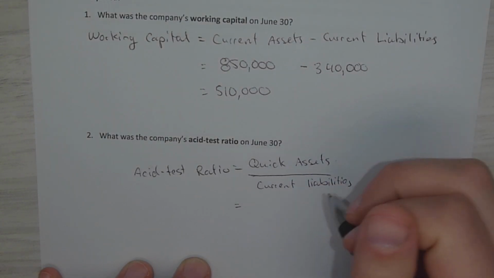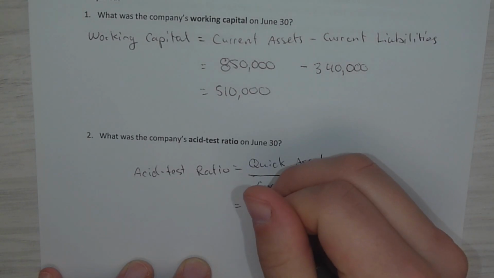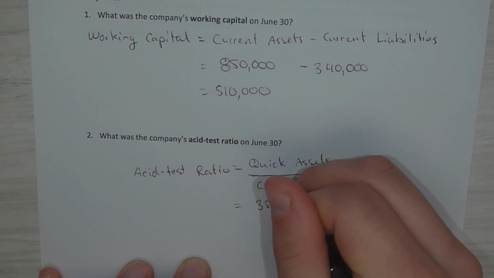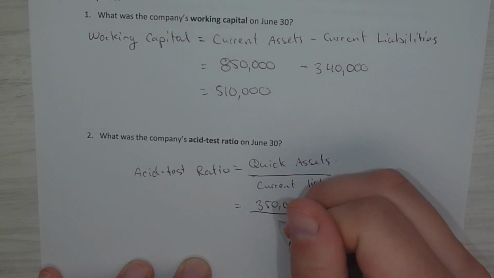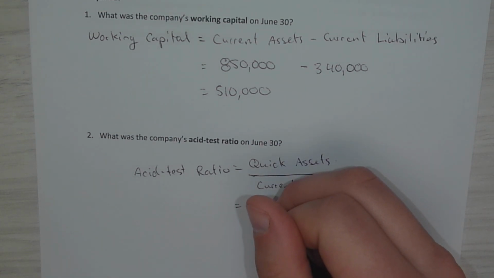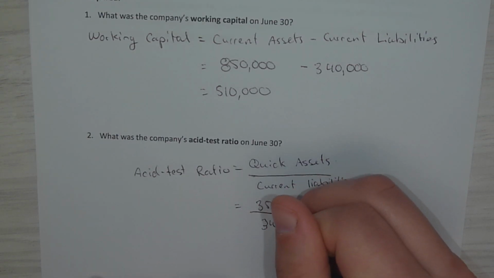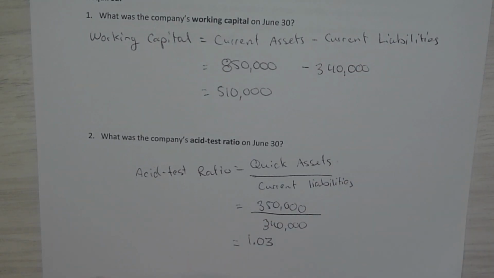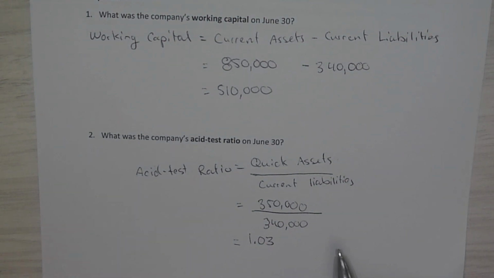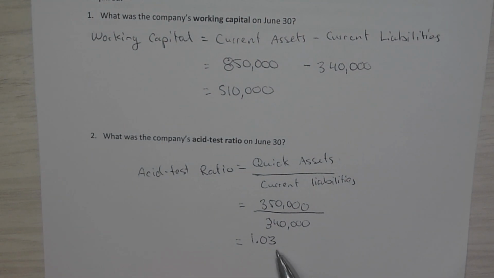We have 350,000, so 90,000 cash and 260,000 AR, divided by 340,000 for 1.03, meaning we can pay our current liabilities in a pinch if we had to. We have 1.03, so over 1.